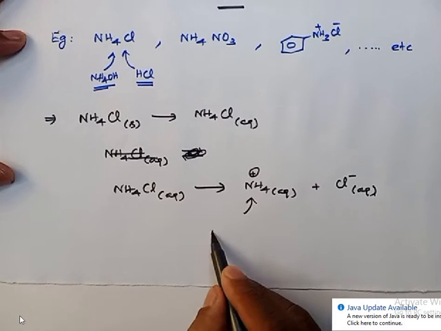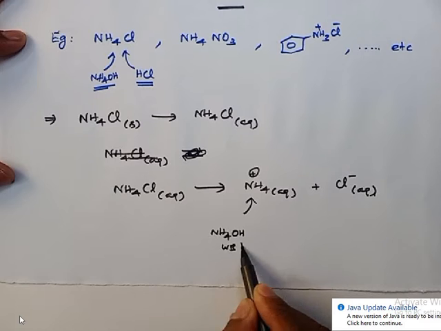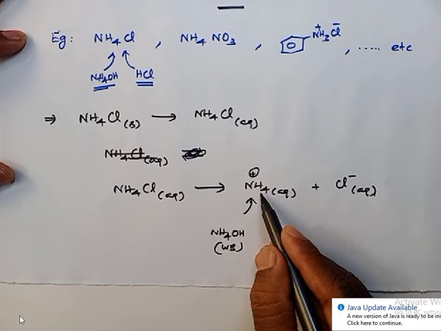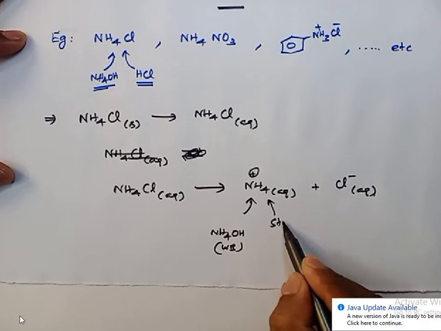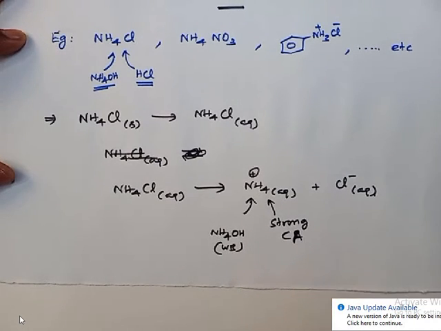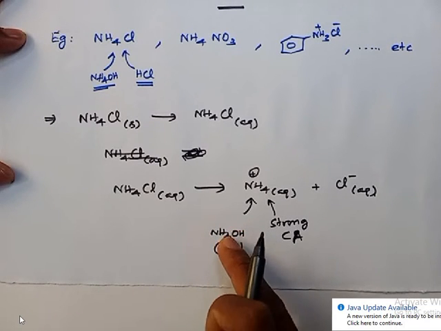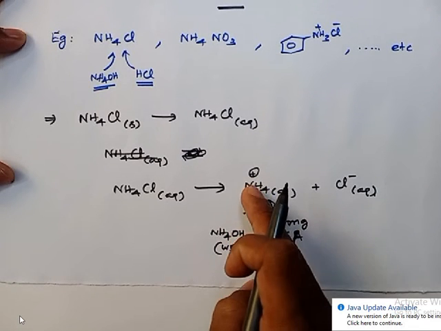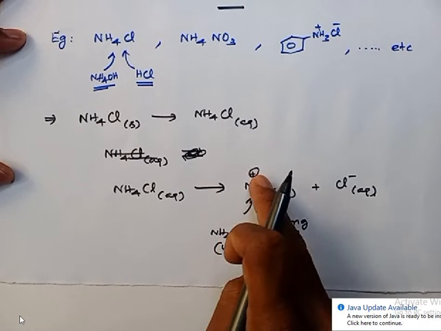The cation obtained from a base is a conjugate acid. I repeat, a base will produce a cation, and that cation is a conjugate acid. If the base is weak, the conjugate acid should be strong.